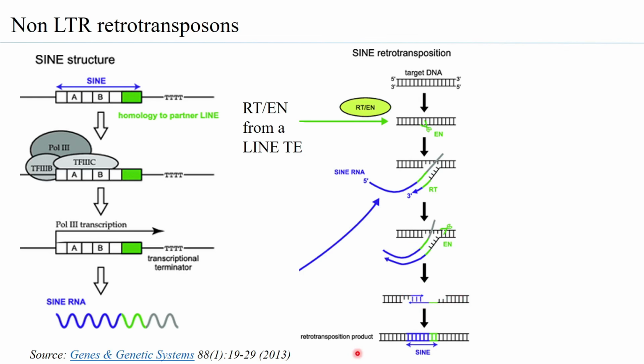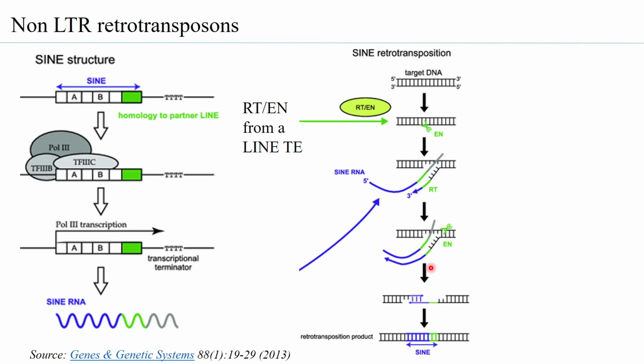So this is how you have got the retrotransposition product, and you can see that SINE from one side is now present on another side. But of course the original site is maintained because it's a copy of the SINE transposable element that has got integrated into the other site in a DNA. So this is how you can see how the copy number of the retrotransposons is increasing.